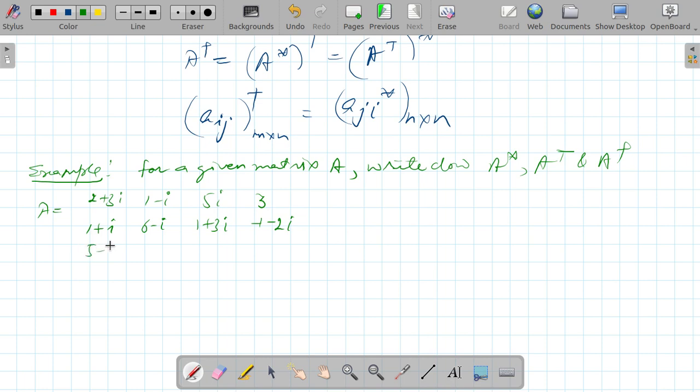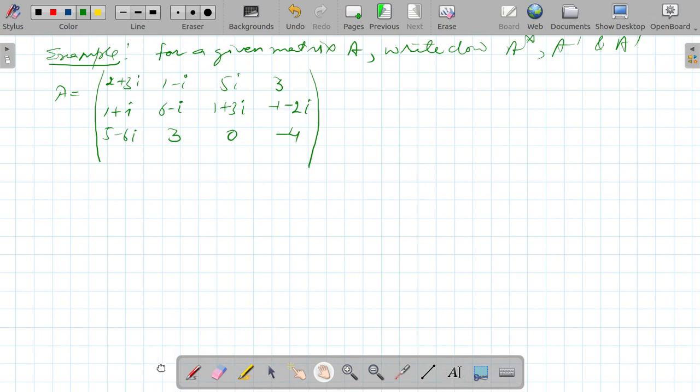It is 5 minus 6 iota, 3, 0, and then minus 4. So let us try to find out the complex conjugate. It is 2 minus 3 iota, 1 plus iota, 5 iota with negative sign, means all the terms having iota, their iota will be changed to minus iota.